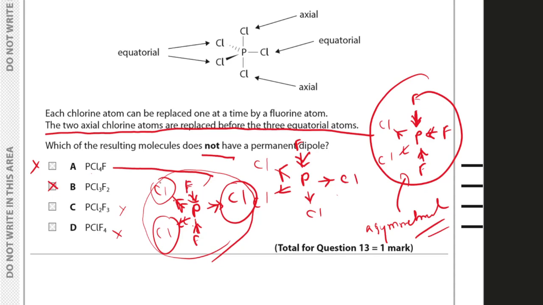And even though the axial atoms are not, the equatorial atoms are in symmetrical positions. So this is the reason why we can say that PCl3F2 might not have a permanent dipole as compared to A, C, and D, where in all cases the axial and the equatorial positions were in asymmetrical positions. Okay, so B will be our correct answer.